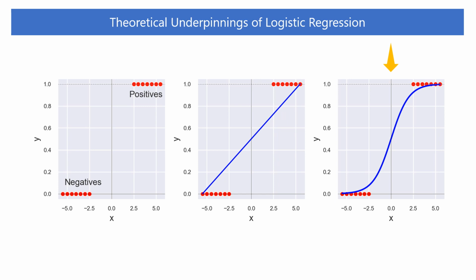Let's look at the plot on the right. This S-shaped curve better approximates the relationship between x and y. Logistic regression is a model that represents the relationship between predictor variables and outcome with an S-shaped curve like this one, called a sigmoid curve. So logistic regression is more suitable than linear regression for binary classification.